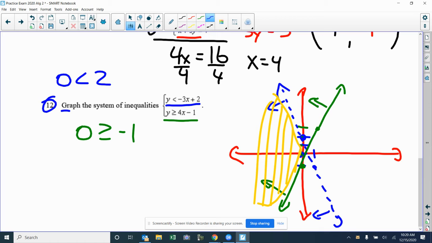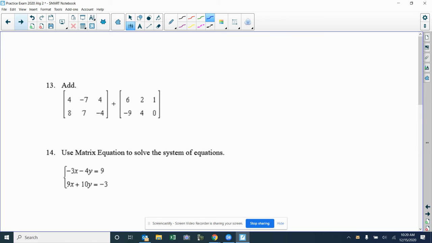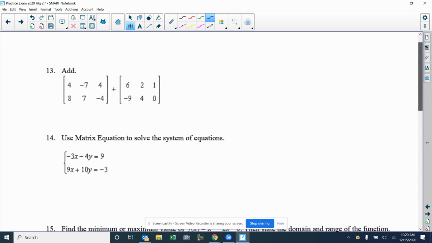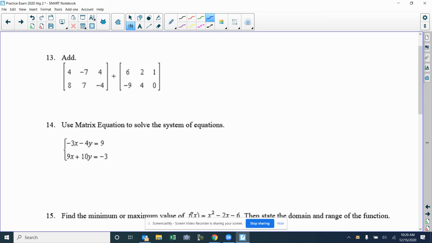Number 13, moving on. 13 is pretty straight up for us. We should be able to handle adding matrices. Remember, how do we add those? Well, we have the same size and just add the common spots, or the address of each.